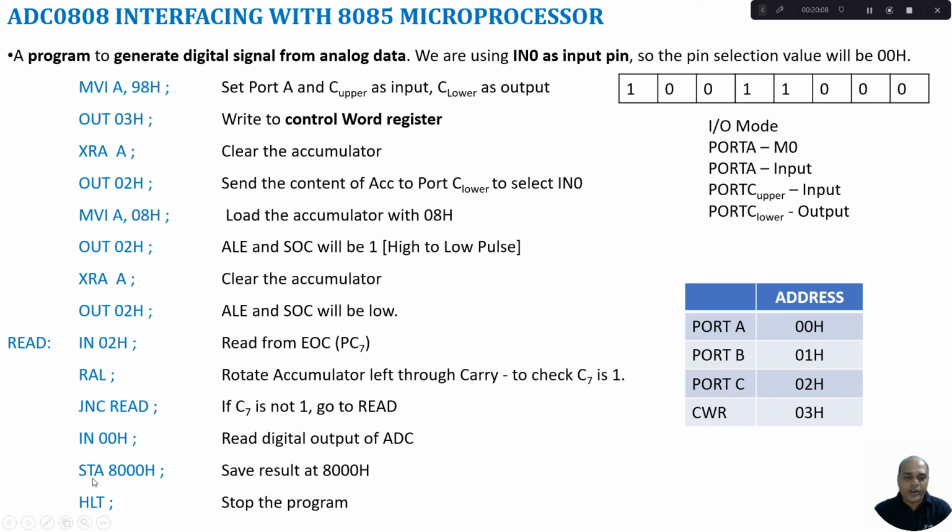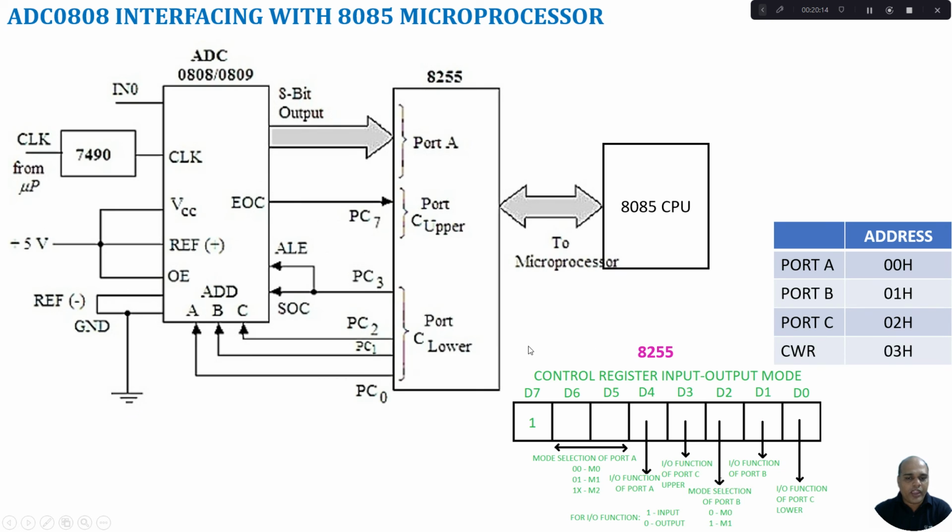So now we are going to read 02. 02 is port C, so we are going to read port C. Why? Because we need to check the end of conversion signal. Once the process is complete, the end of conversion signal will be generated. Then that information can be used for reading the digital data. So we need to check this PC7 bit.